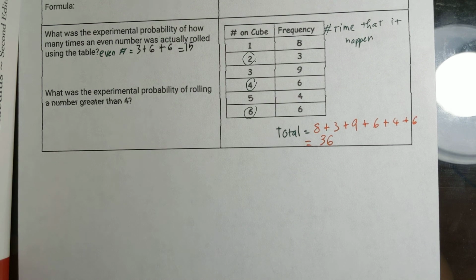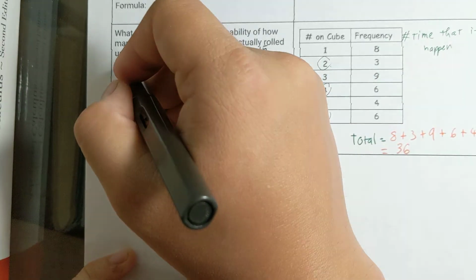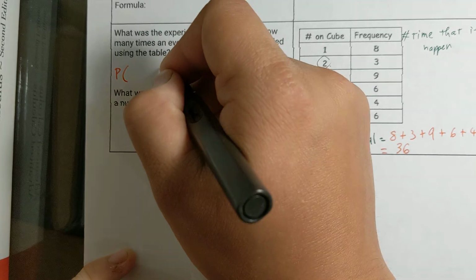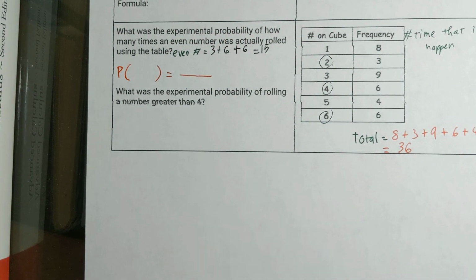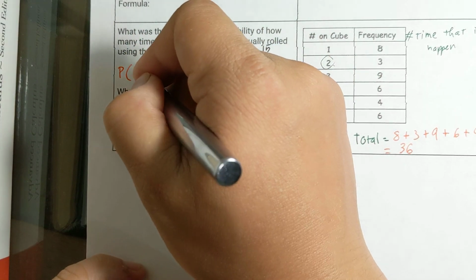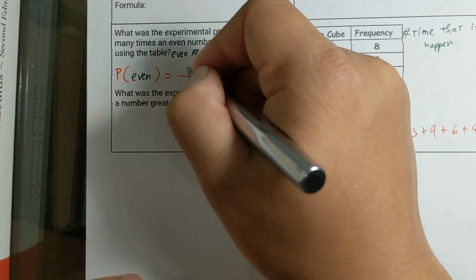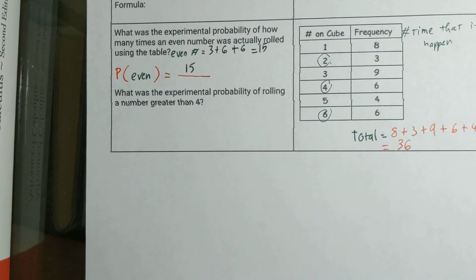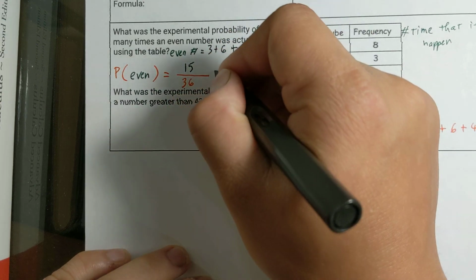So if they ask you what's the probability that you roll an even number, this would be the probability of even, which is 15 over the total you have, which is 36.